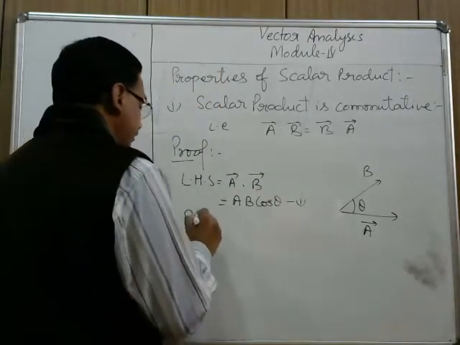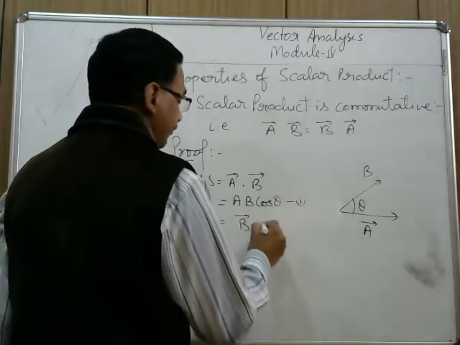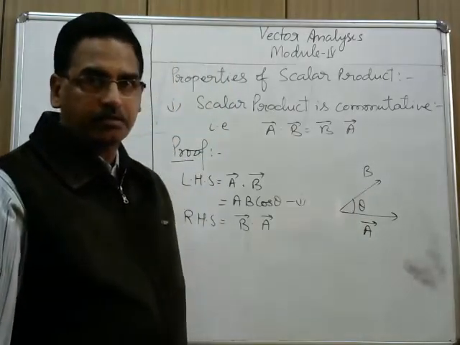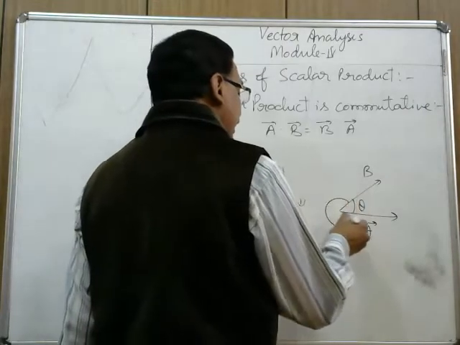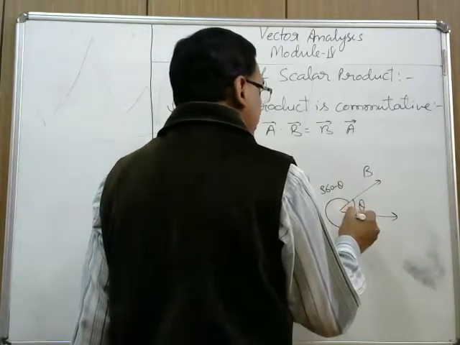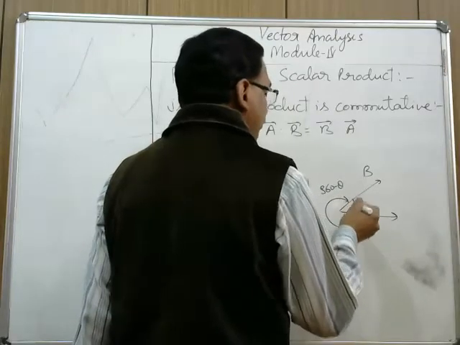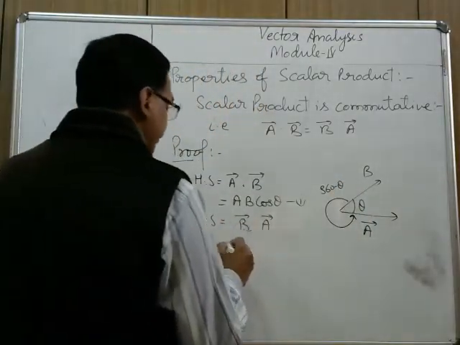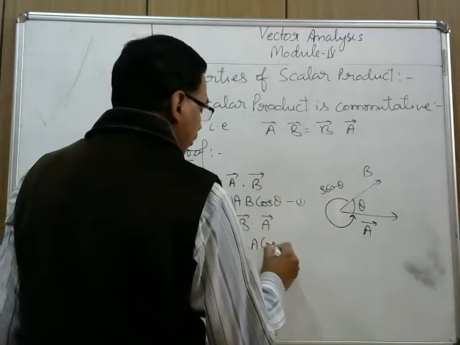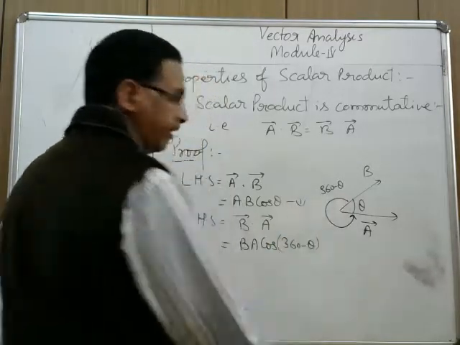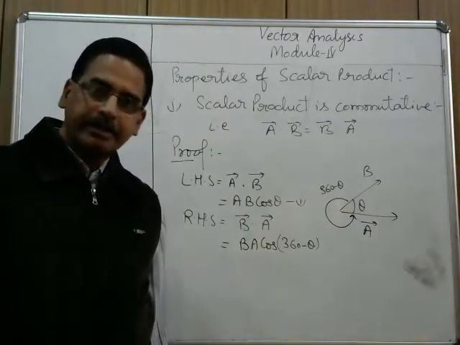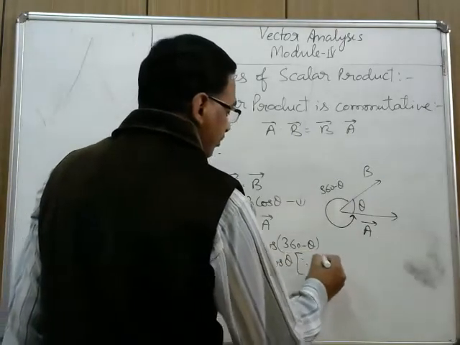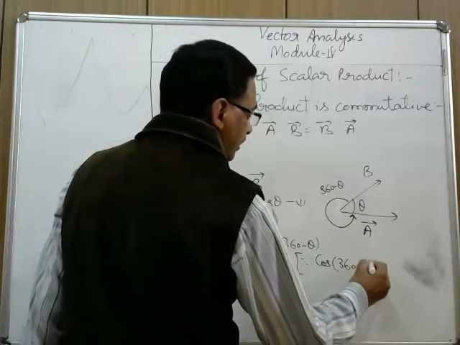Now right hand side, B dot A. Now B is making an angle of theta with A and A is making an angle of 360 minus theta with B. So B dot A will be BA cos 360 minus theta. But cos 360 minus theta is cos theta.